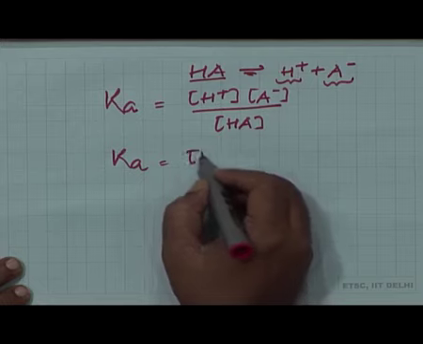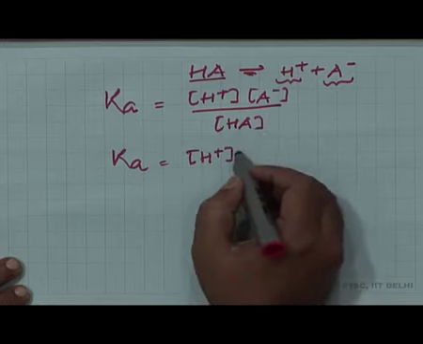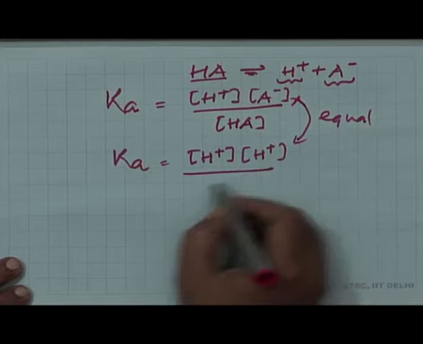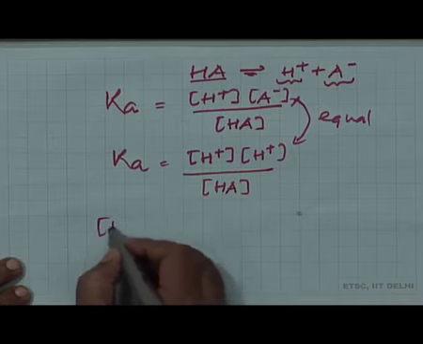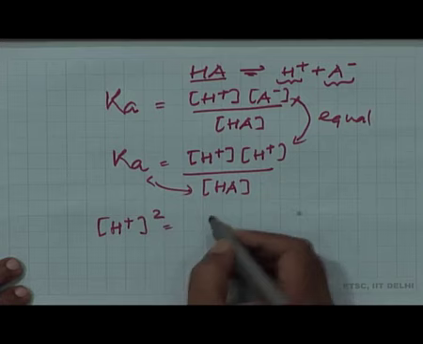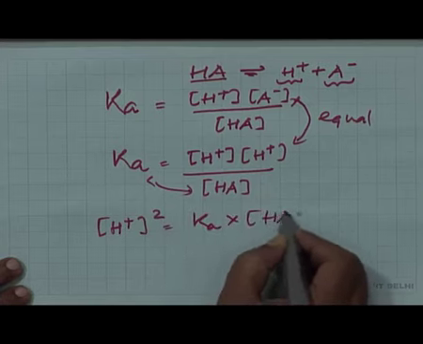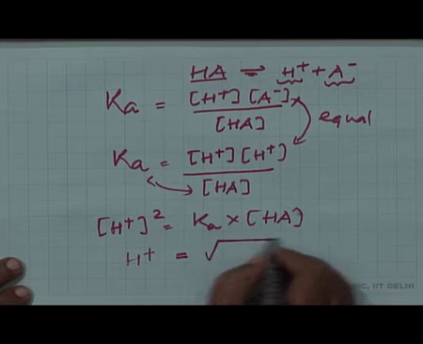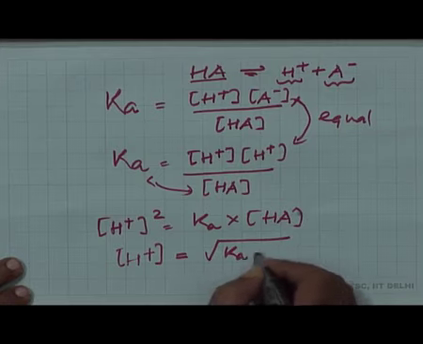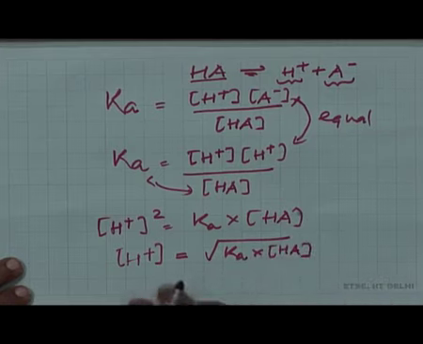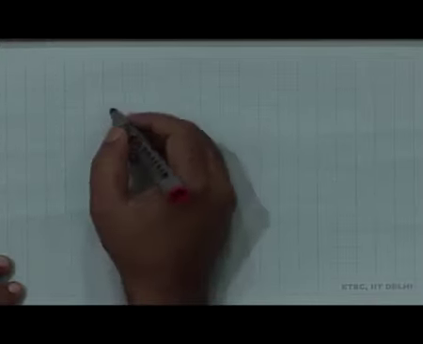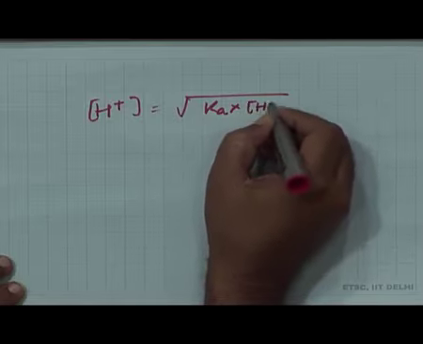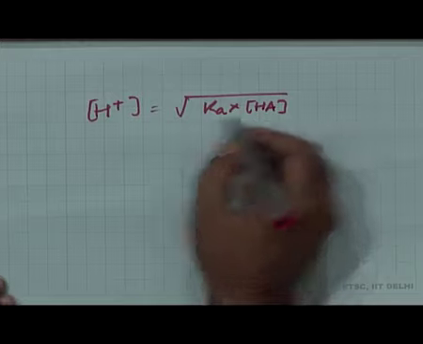So, we can simply write H plus squared by HA equals Ka, and so H plus is equal to the square root of Ka into HA. So, this is for your weak acid.